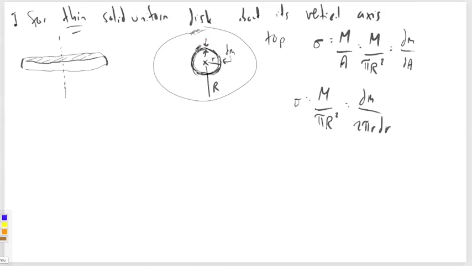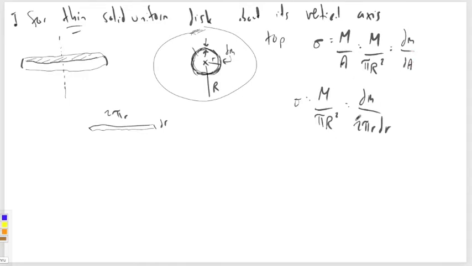In other words, if I were to cut this and unfold it, it would have a length of 2 pi r, that's the circumference of the circle, and a width of dr. And how do you find the area of something? Length times width, right? So 2 pi r dr, that's another way of thinking about it. However you want to define and write an expression for that little area piece is perfectly fine.